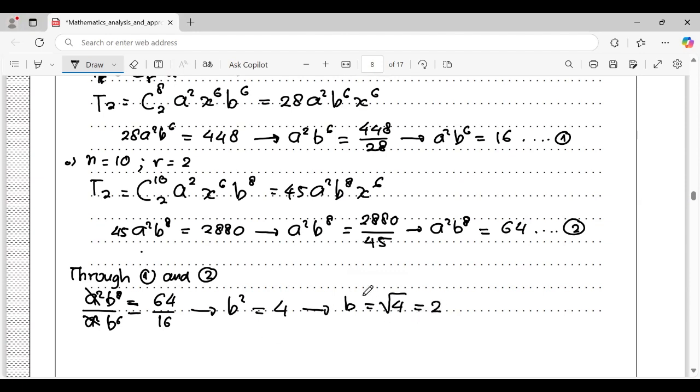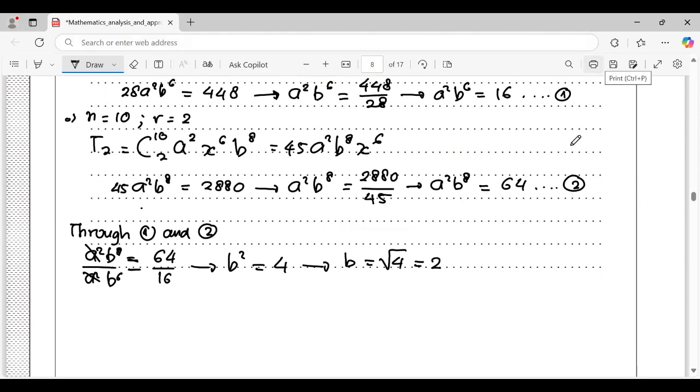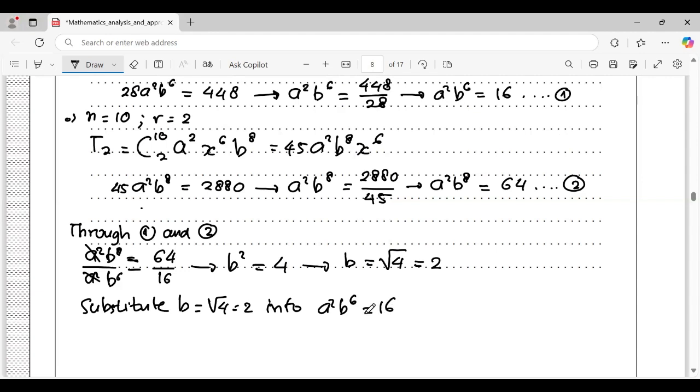If b equals 2, substitute into the first equation. Substitute b equals square root 4 equals 2 into a squared b power 6 equals 16. It means a squared times 2 power 6 equals 16.